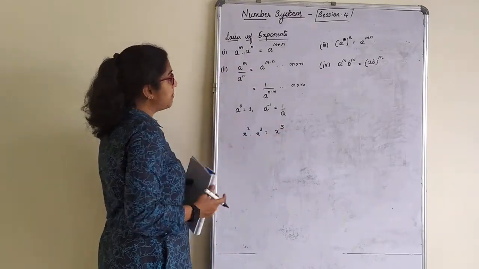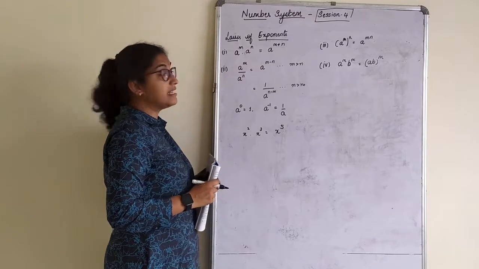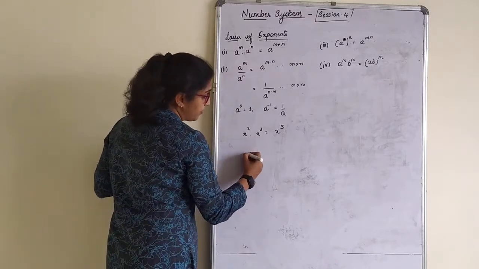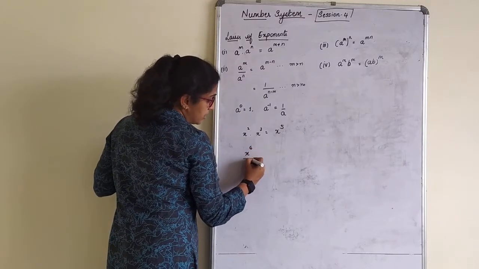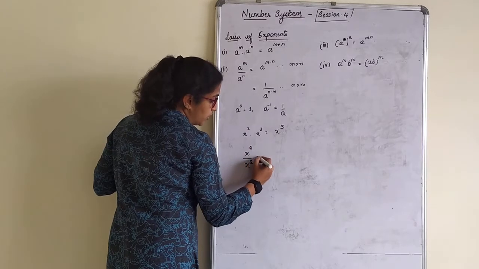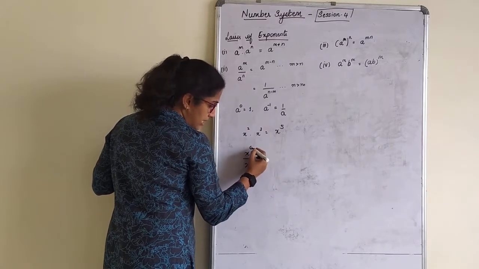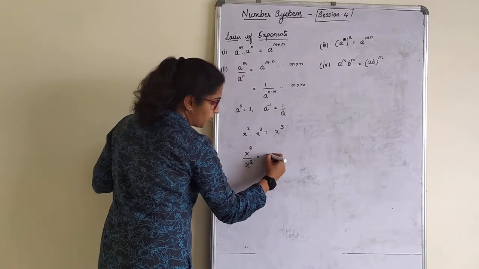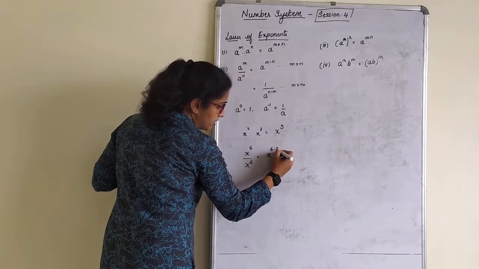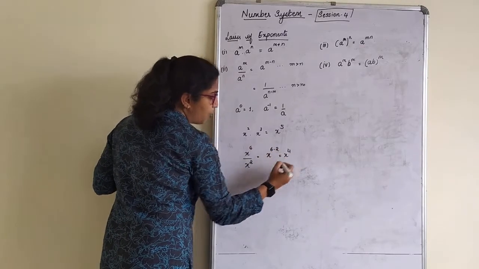A raised to m upon a raised to n is given as a raised to m minus n. X raised to 6 divided by x raised to 2, it's actually how much? 2 times, x raised to 6 minus 2, x raised to 4 we write.